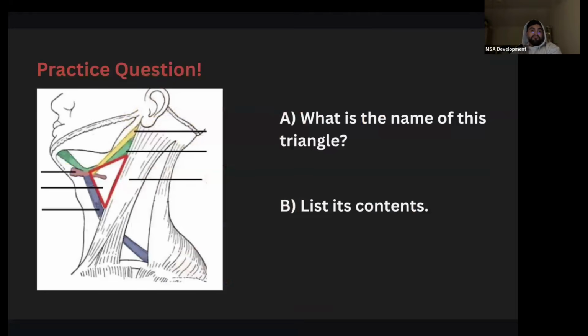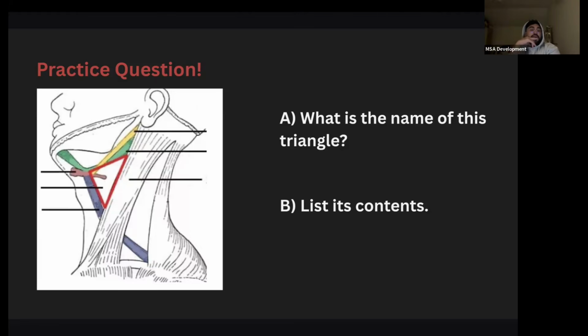Okay. So, what's the name of this triangle and what are its contents? First of all, is it anterior or posterior? And why? It's going to be anterior, right? Why? Because it's in front of the sternocleidomastoid. Easy, right? Then, what is it called? So it's just right above the omohyoid, right?